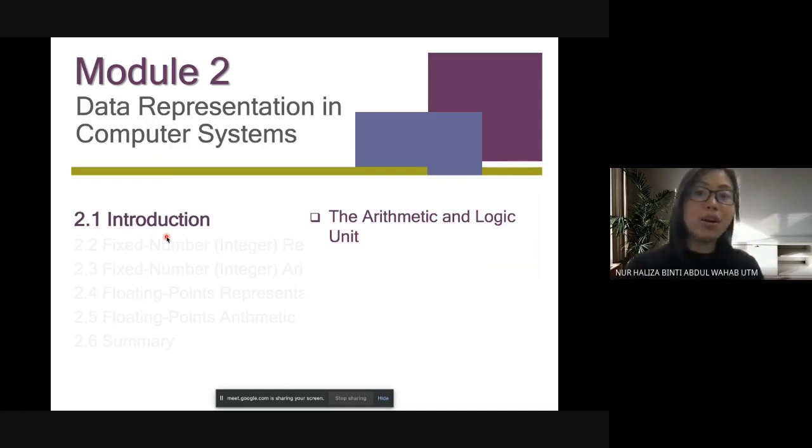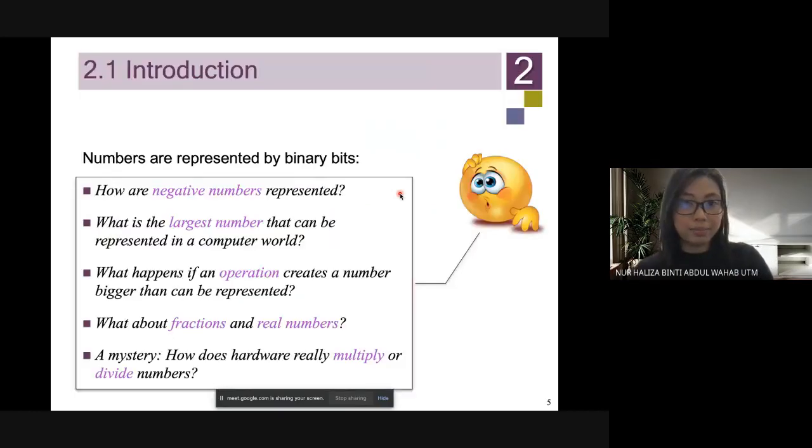First of all, we're going to look into the arithmetic and logic unit. What is this? We call it the ALU. The ALU is very important for your computer. If you didn't have an ALU, your computer could not operate.